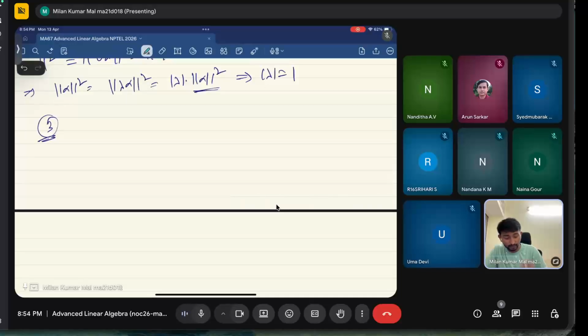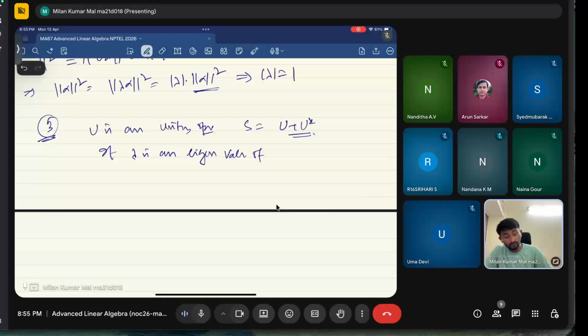For the third option, what is given? That u is a unitary operator, and s is equals to u plus u star. First note that s is self-adjoint.